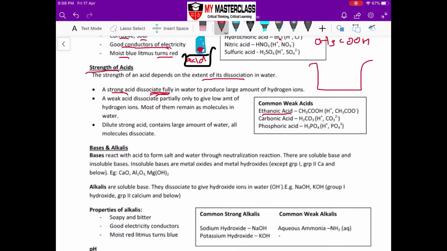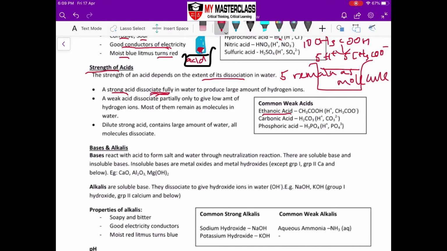If I have 10 CH3COOH, I put it inside water. At any point of time, only 5 will separate into H plus and 5 CH3COO minus. The other 5 will remain as molecule.